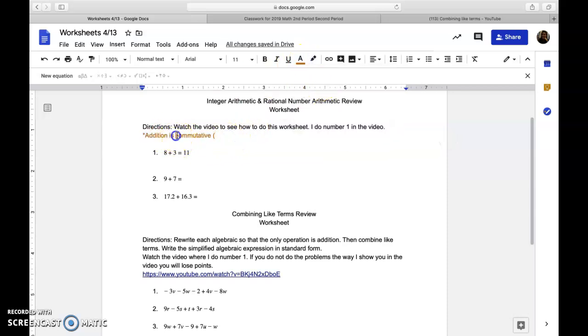Commutative is a big fancy word, but it comes from the word commute, and commute means to move. So what this means is, for example, if you have 4 plus 3, that would equal 7, and 3 plus 4 is equal to 7.